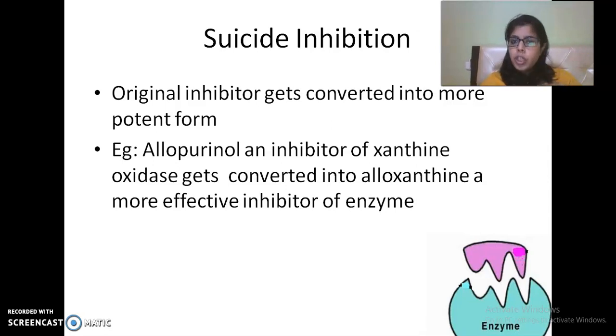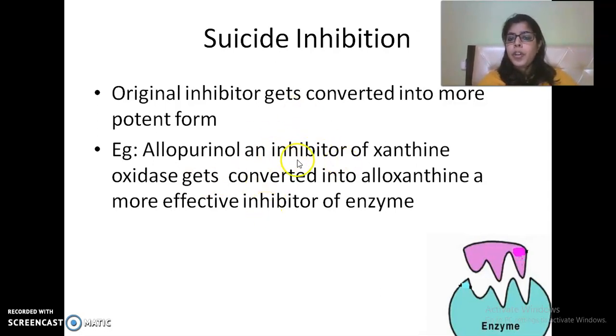Similarly, I have an original inhibitor which is doing its own work of inhibition. However, when it is in the system, it gets converted to some chemical molecule which is a still more potent inhibitor. So the example given here is allopurinol, an inhibitor of xanthine oxidase. Everybody must have learned xanthine oxidase as an enzyme in nucleic acid metabolism, and allopurinol is its potent inhibitor.